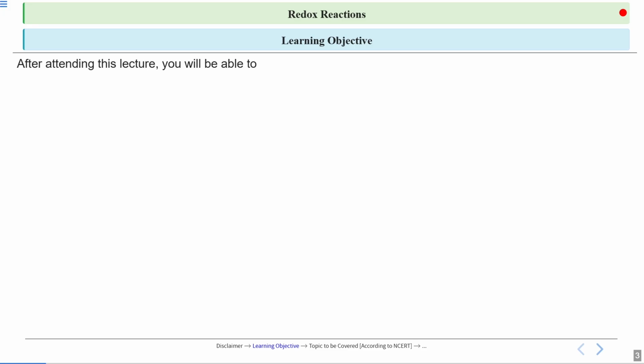After attending this lecture, you will be able to learn how to balance redox reactions using the oxidation number method. That means you will be provided with a number of redox reactions and you have to balance them. You have to balance each and every atom that is participating in the reaction using the oxidation number method.